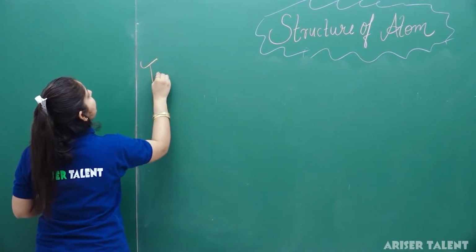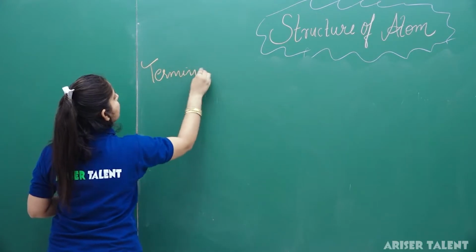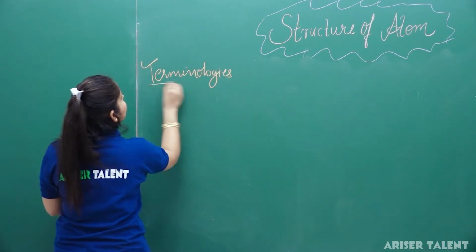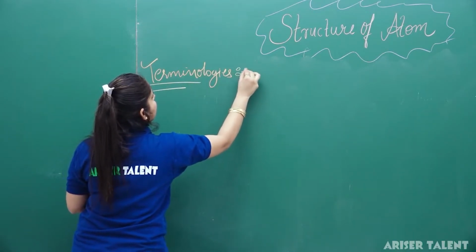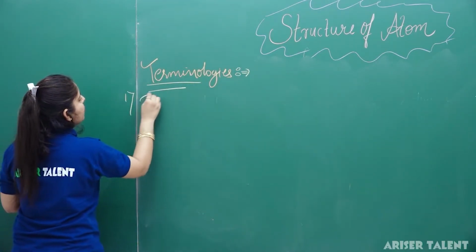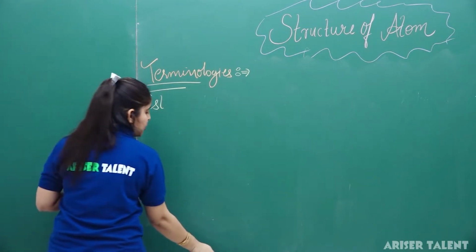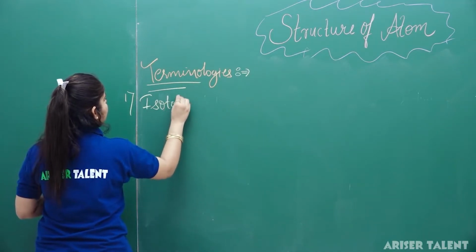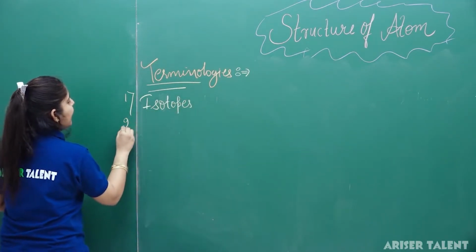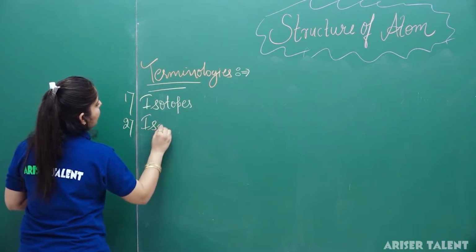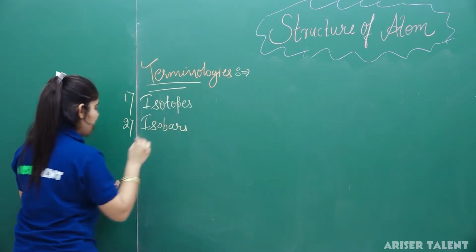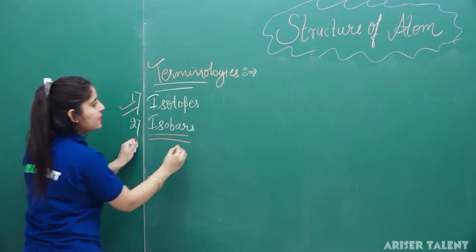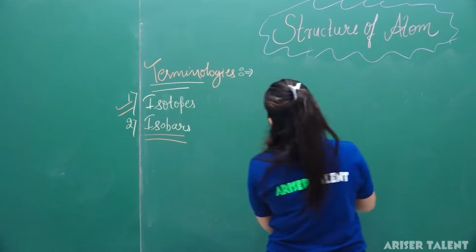So in different terminologies, first we have discussed isotopes. Second category we have is isobars. So isotopes have been discussed. Now we are proceeding to our next term, that is isobars.